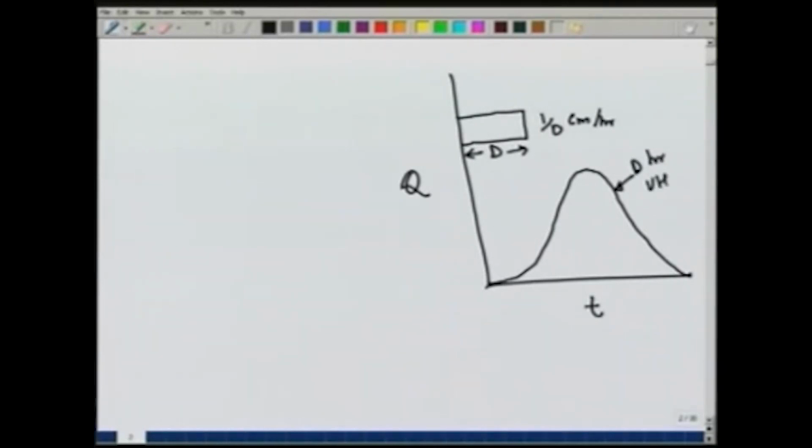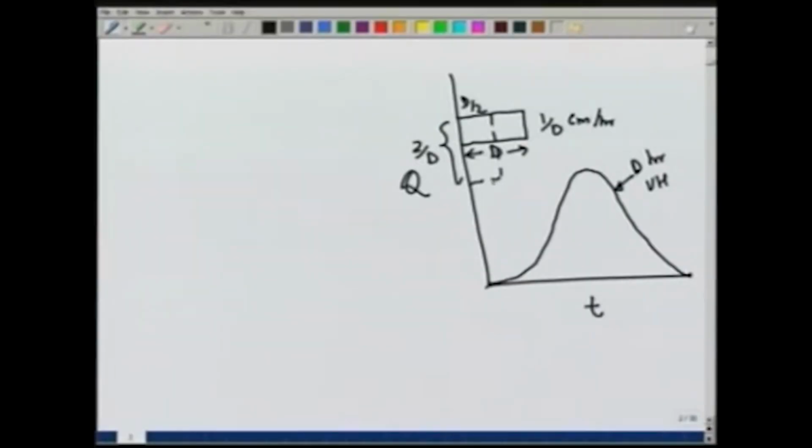Now, let us reduce the duration to d by 2 and increase the intensity to 2 over d. So, in this case again we have 1 centimeter of rainfall, but for a smaller duration and with a larger intensity.